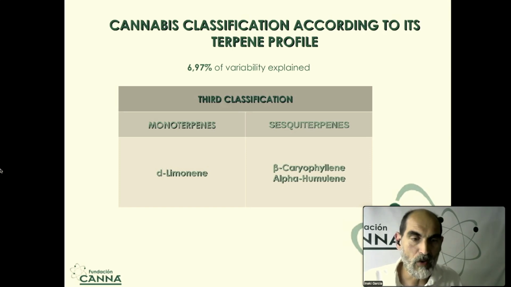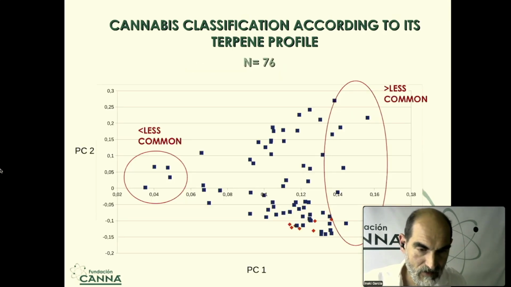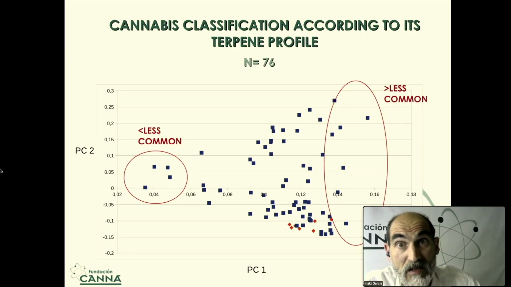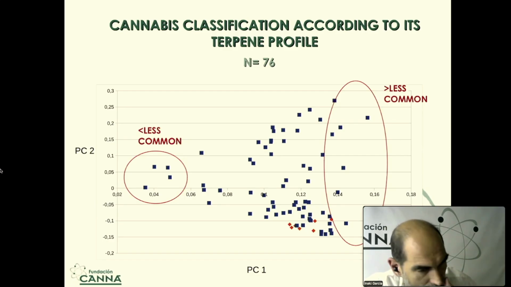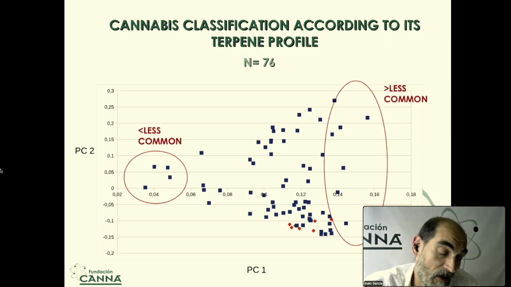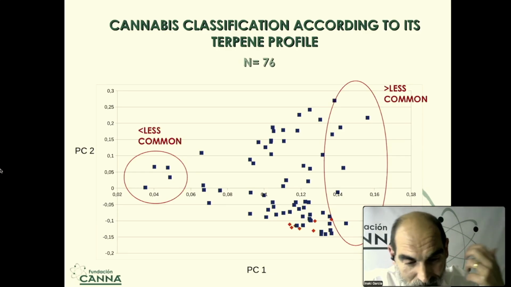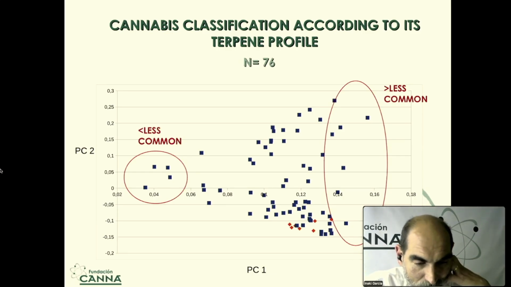Okay, if we represent the plants in a graph based on this classification, we can see the dots. The dots are the samples, and I was right, it was 76 samples. In that case the dots are squares. They are the plants.